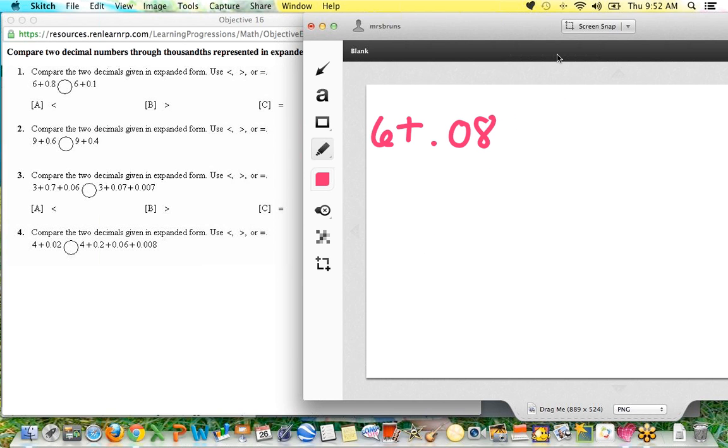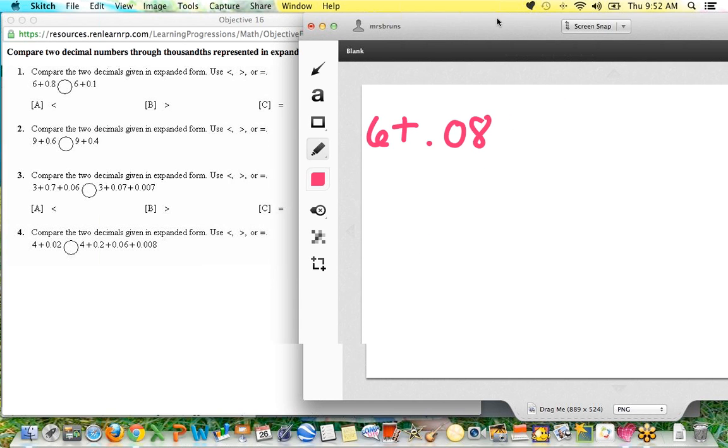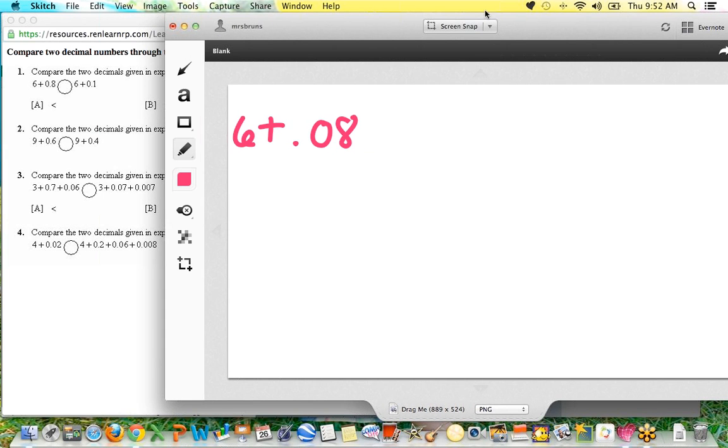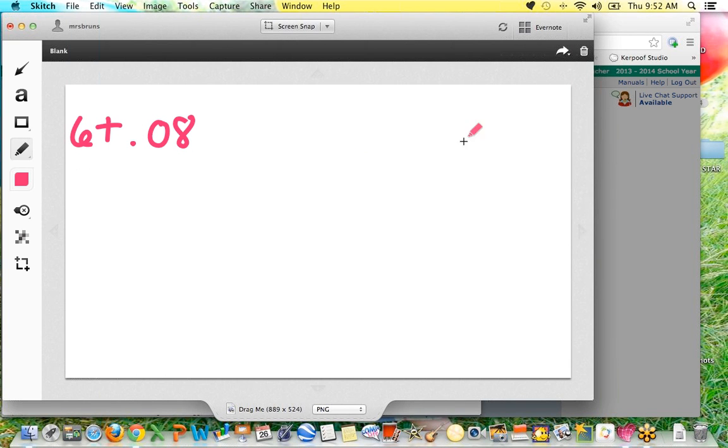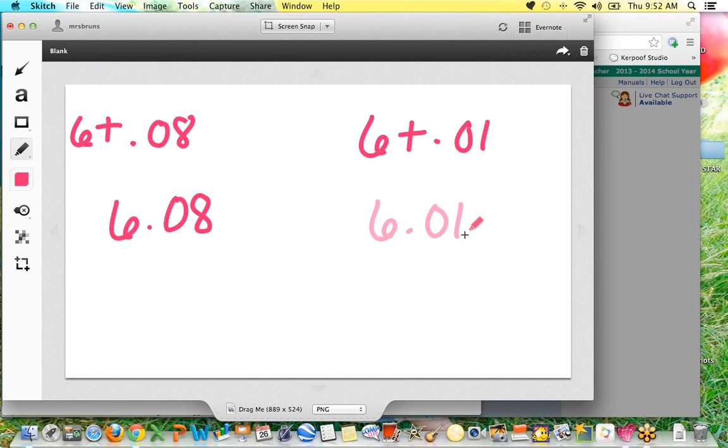Is that greater than or less than 6 plus 1 hundredth? Looking at this, you could probably add them up pretty easily in your head and just rewrite it as 6 and 8 hundredths and then 6 and 1 hundredth.